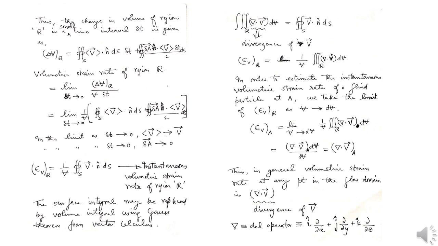Now this information is actually useful in getting the rate of change of any vector function in space along any specific direction. That is the use. So basically the del operator gives you an idea about how fast in space a vector function is changing.